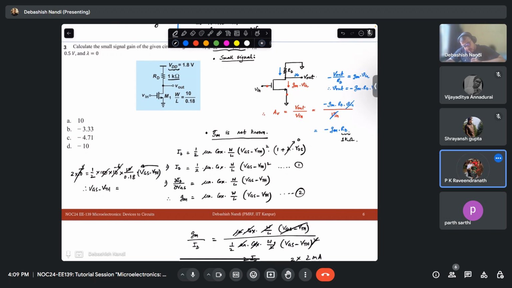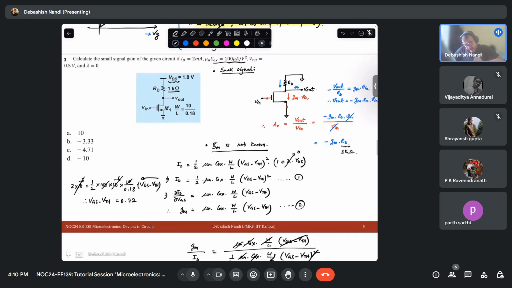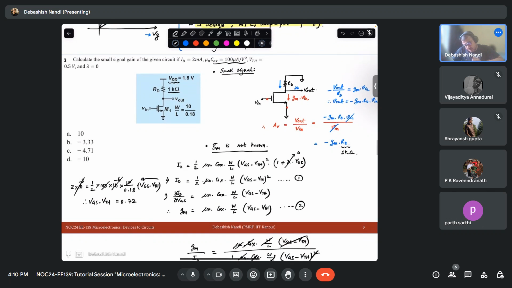So your, this will be how much? 0.18 times 2 times... So it will be around 0.72. Please correct me if I am doing the calculation wrong.